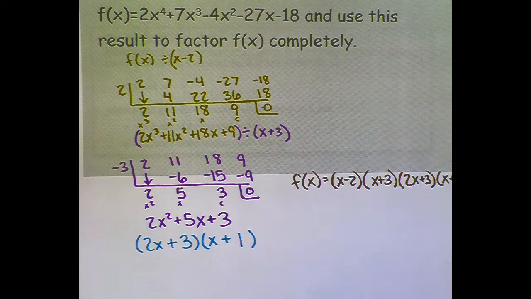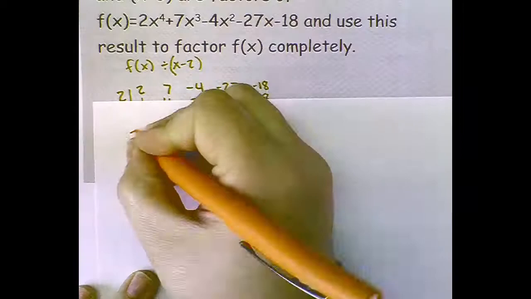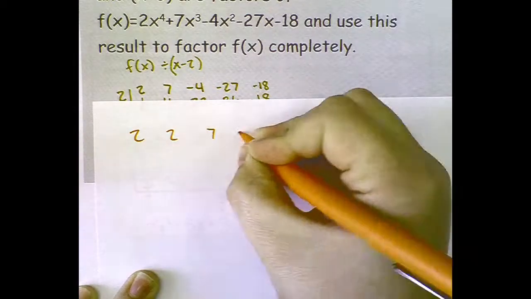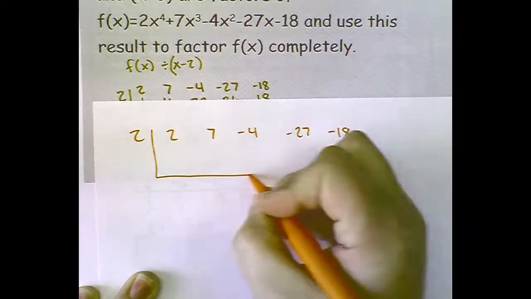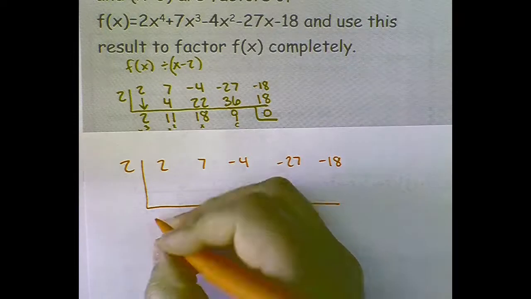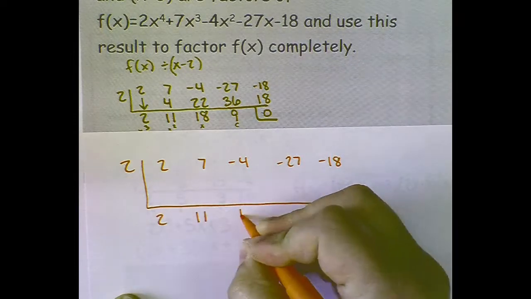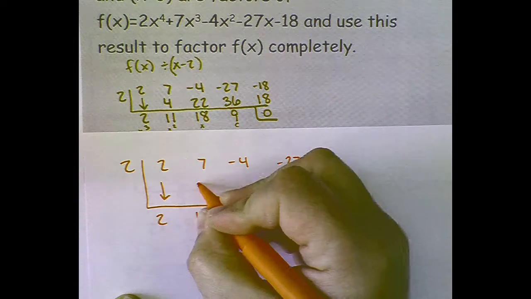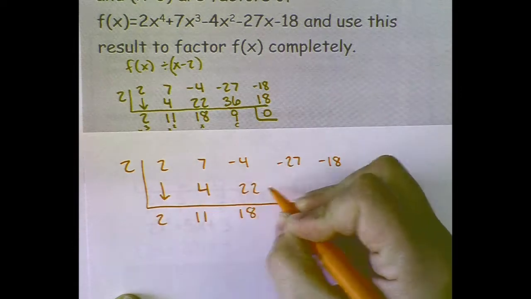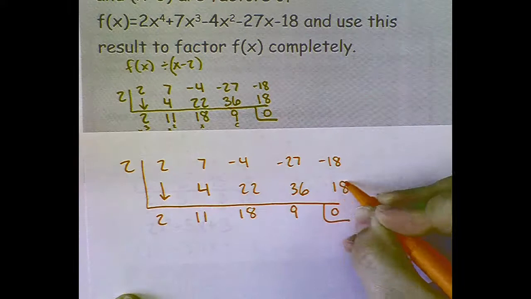So I take my first one, all right, 2, 2, 7, negative 4, negative 27, negative 18, right? We already know what we're going to get. We're going to get 2, 11, 18, 9, 0, right? Copy these numbers down just so it looks just like it did before.